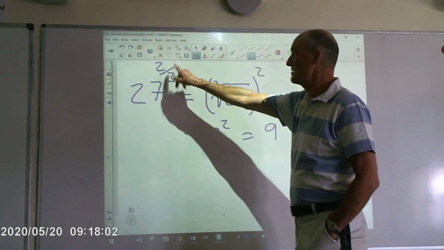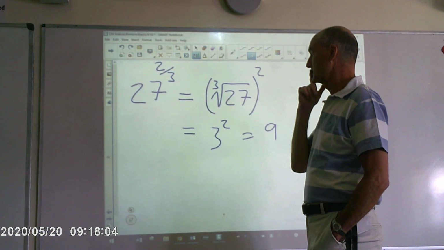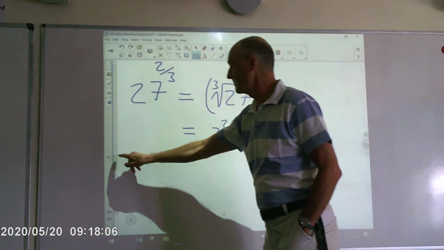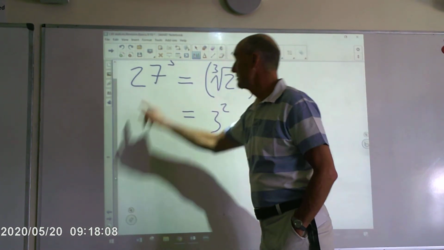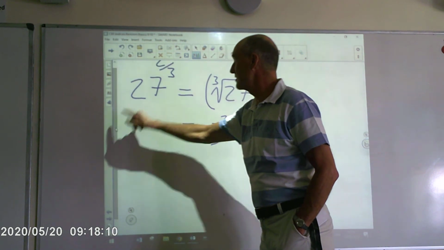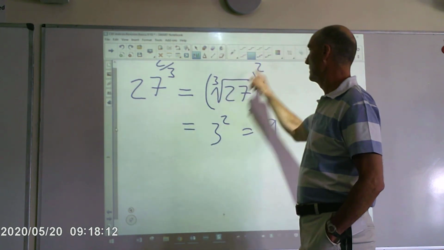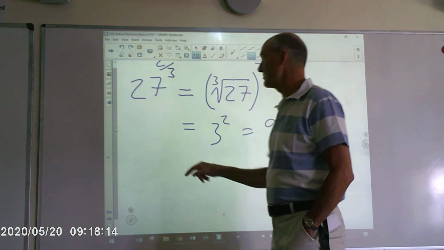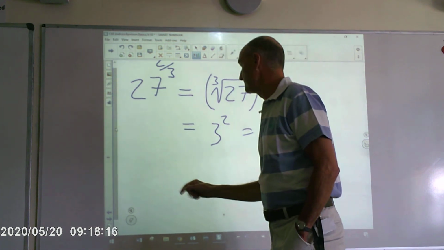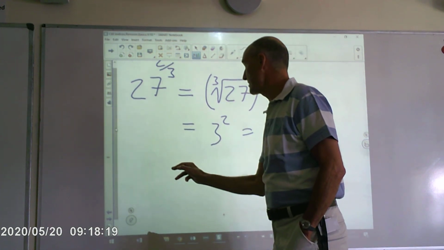Doesn't matter which way round you do that. I chose to take the cube root of 27 first and then squared it. But you could do it the other way round. You could say, right, what's 27 squared?